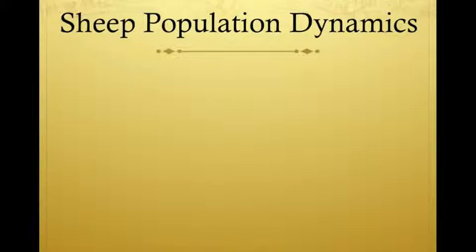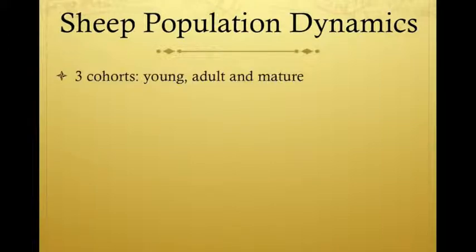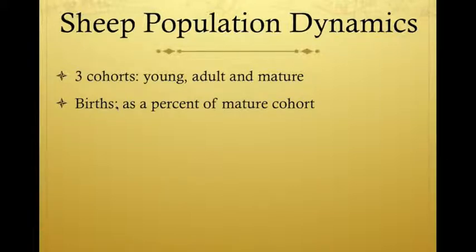So that is the model formulation. Now let's take a look at the sheep population dynamics. Again, there are 3 cohorts: the young, the adult, and the mature. The births of sheep are assumed to occur as a percentage of the mature cohort. All this is saying is that only the mature cohort reproduce, and they create young sheep.